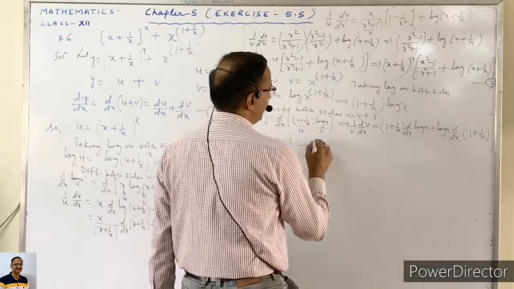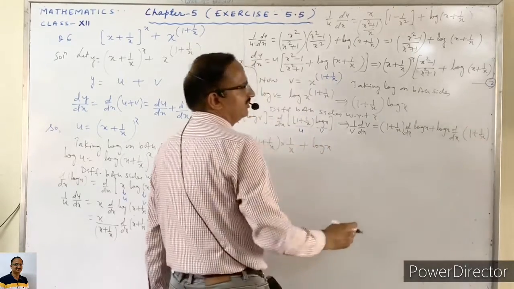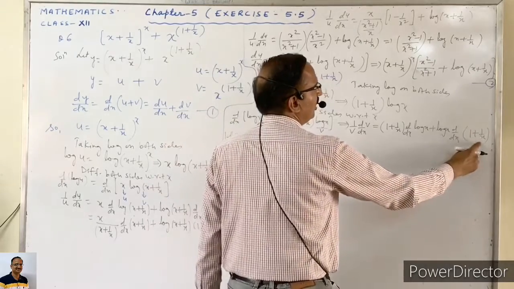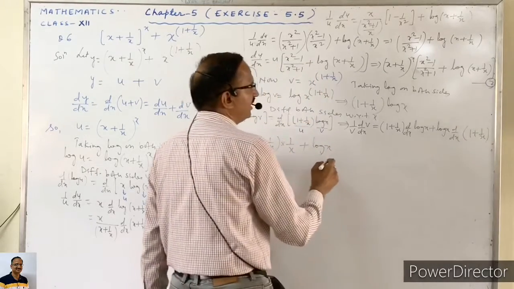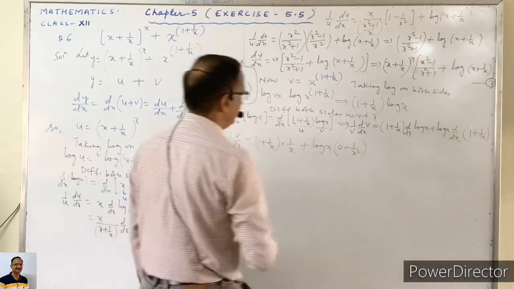Now this log x is as it is, and derivative of 1 is 0, and the derivative of 1 by x is what? Minus 1 by x square.